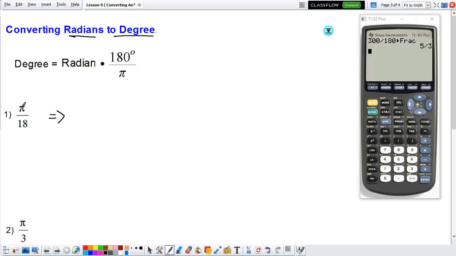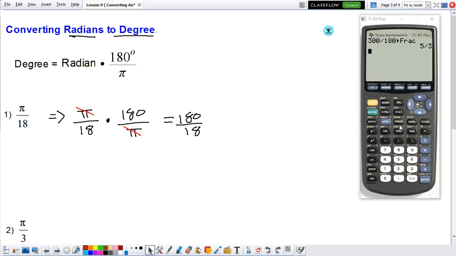So how do we do that? You take the radian that is given, pi over 18, times, always the same, 180 over pi. Now notice that the pi's will cancel out. And now you end up with 180 divided by 18.